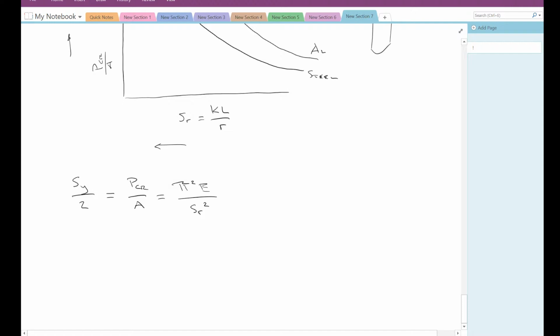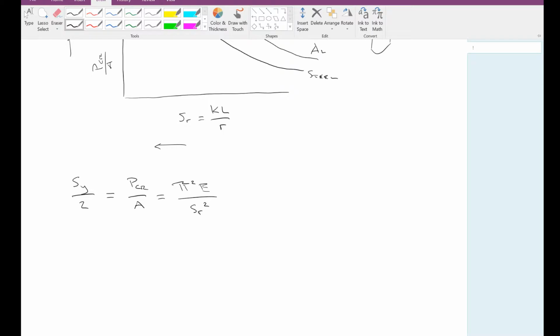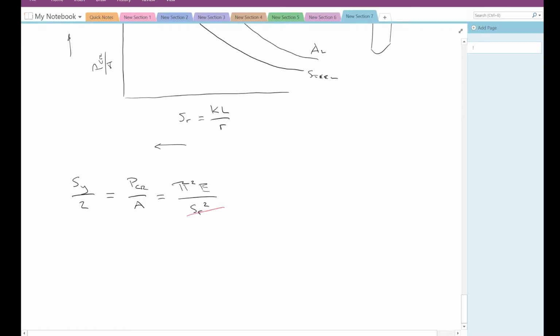We can actually denote, I'll use a different color, perhaps red, our slenderness ratio as a different term. We'll say it's our slenderness ratio in transition, so slenderness ratio with a subscript capital T here, and I'll make it a quantity squared just for consistency.